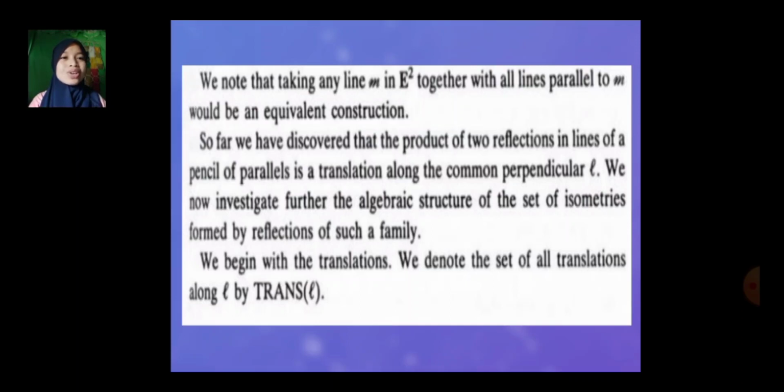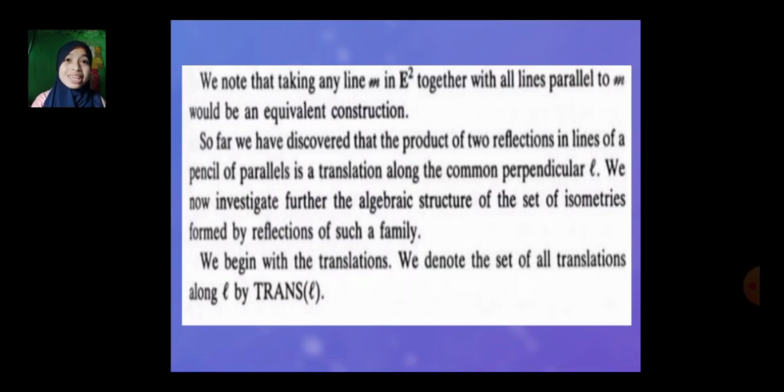So far, we have discovered that the product of two reflections in lines of a pencil of parallels is a translation along the common perpendicular L. We now investigate further the algebraic structures of the set of isometries formed by reflections of such a family.